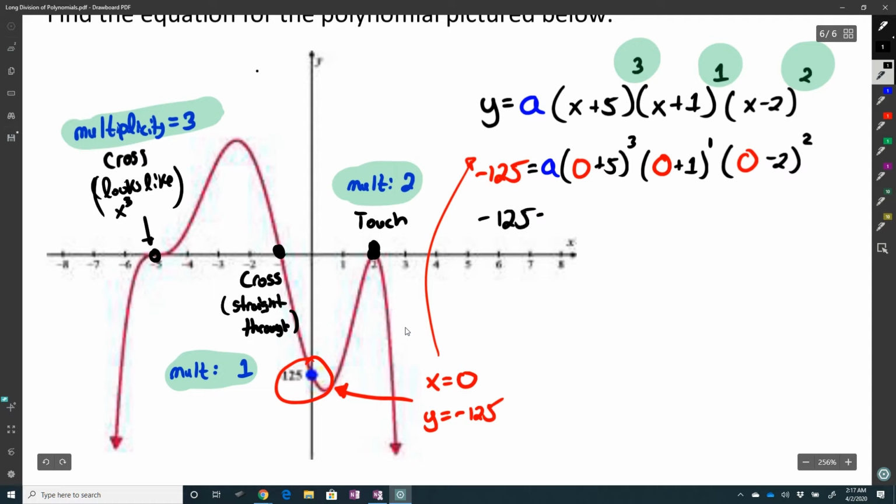Negative 125 is equal to 5 cubed. 5 times 5 times 5 is 125, times 1, times negative 2 squared is 4.